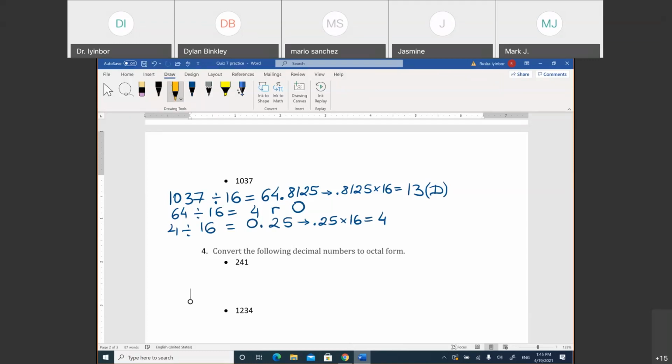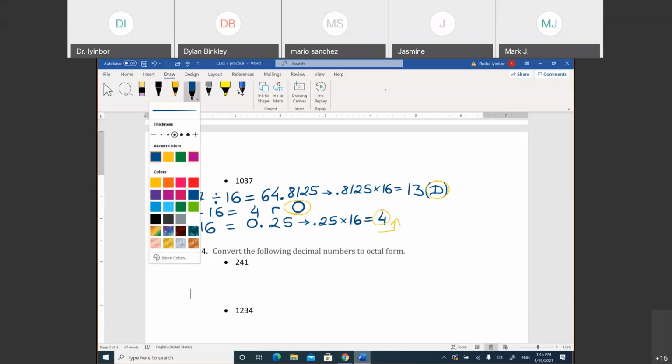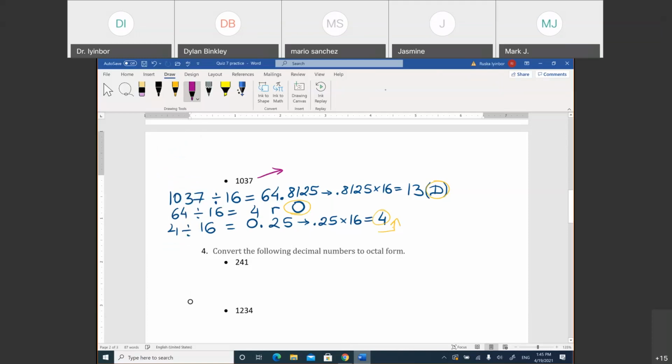And then my answer is going to be from the bottom. You got this, and then this, and this. So it's going to be 40D. And it's hexadecimal. Make sure you put that little number at the bottom.